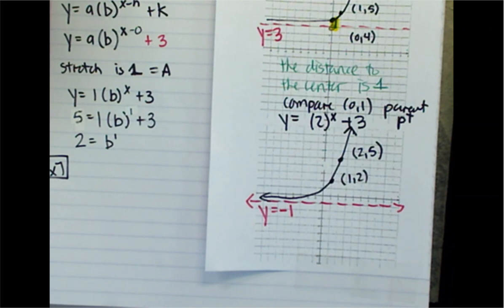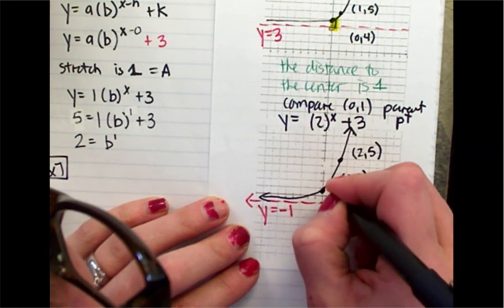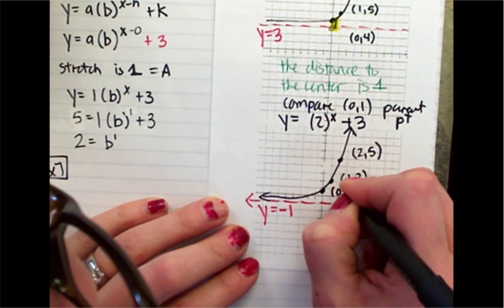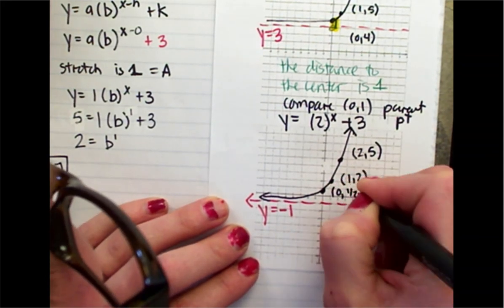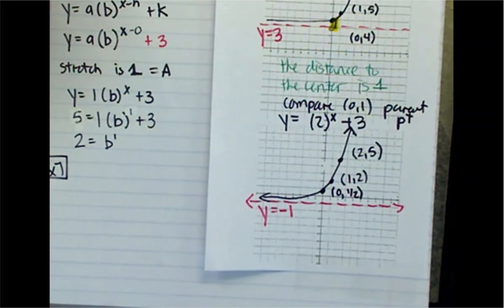Okay, and I'm going to see if I can label another point on here. It's this one. 0, 1/2. I'm not saying that's a center. I'm just saying I'm labeling more points. That's all I'm going to label.